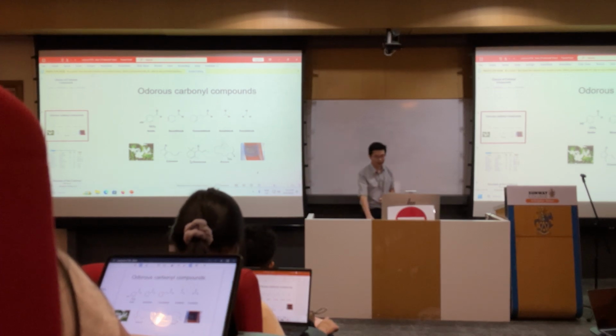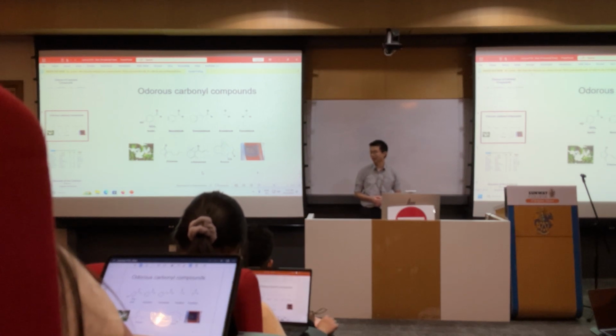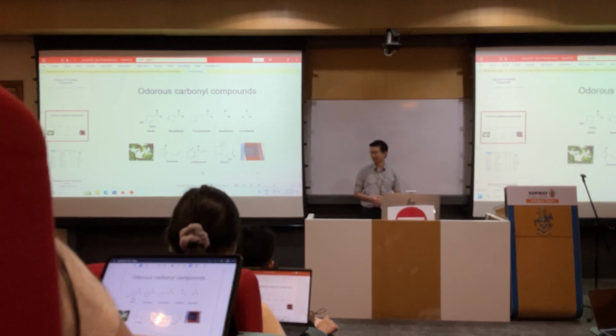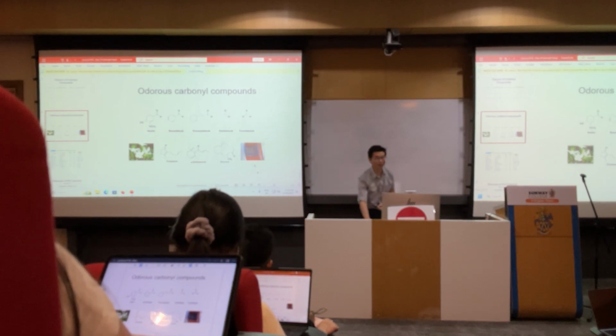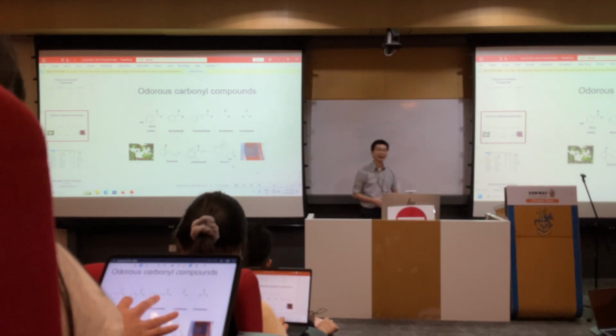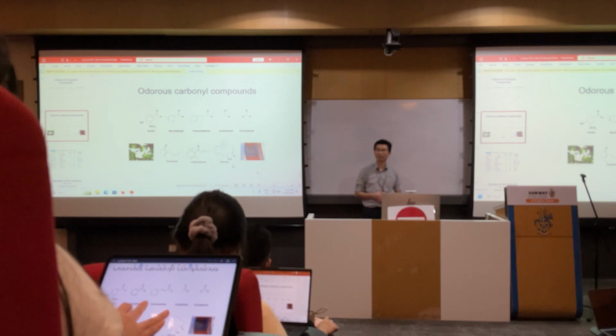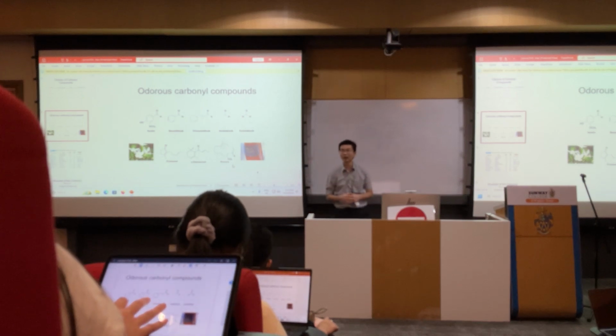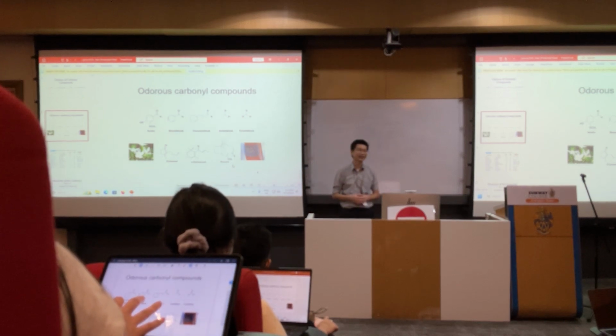And we have muscone, mainly used in perfume. Anyone wear perfume? You're familiar with this smell derived from muscone. It gives you some musky smell, mainly used for male odorant.